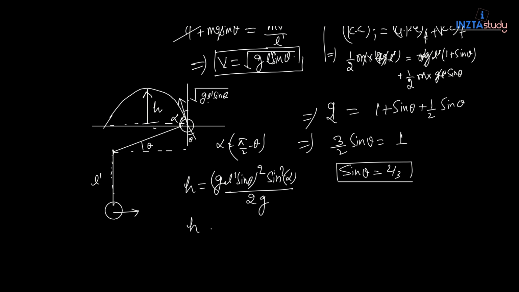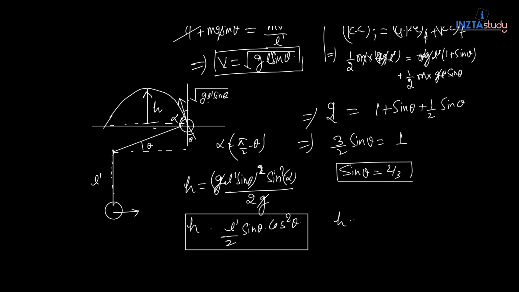So h is going to be, if g and g cancel out, L dash by 2 sin theta into cos square theta. So this is h dash. Now this h is equal to L dash by 2 into 2 by 3 into cos square theta, which is 5 by 9.